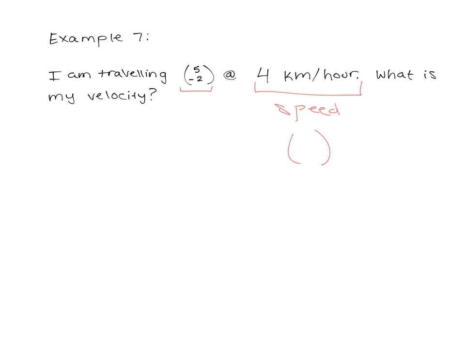So the key for that is to go ahead and find a unit vector. And our unit vector is going to be 1 over the magnitude of 5, negative 2, so 1 over the square root of 5 squared plus negative 2 squared, times our current vector, 5, negative 2. So that is 1 over the square root of 25 plus 4, so 1 over the square root of 29.